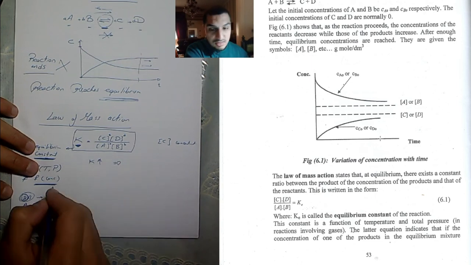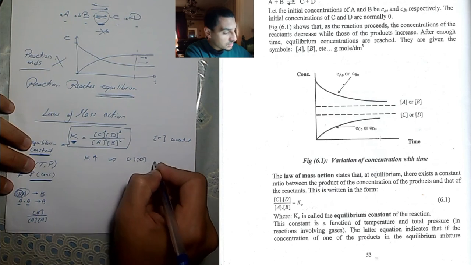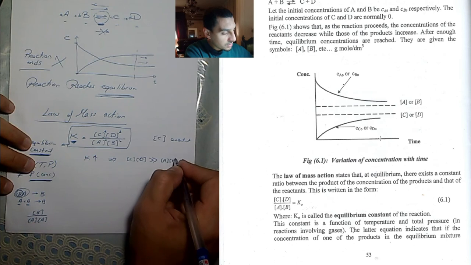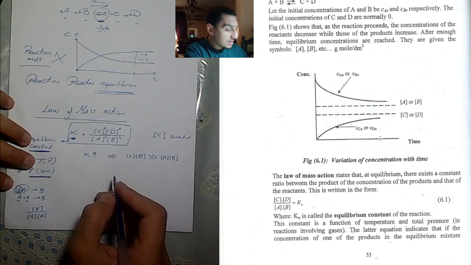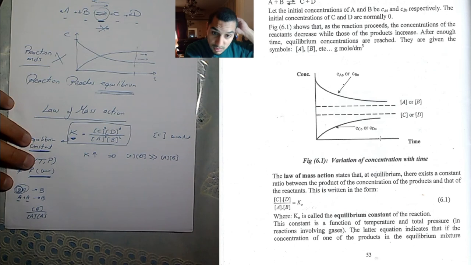So this means that the concentration of C multiplied by the concentration of D is greater than the concentration of A multiplied by the concentration of B. Even without knowing the final concentrations, I can tell if the conversion is high or low. So this is something that I can understand. And the opposite, if K is small, this means that the concentration of the product is not as high as the concentration of the reactants.